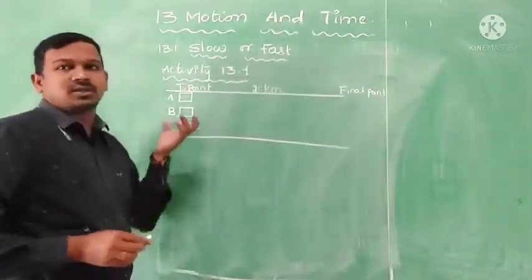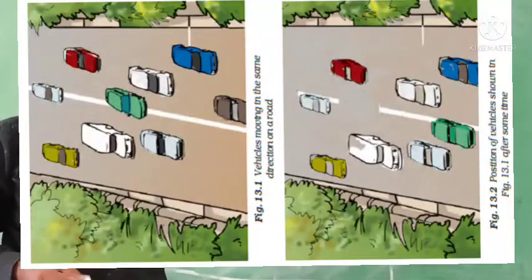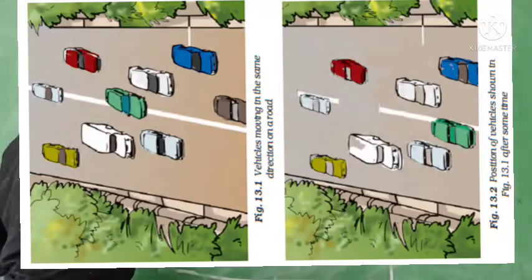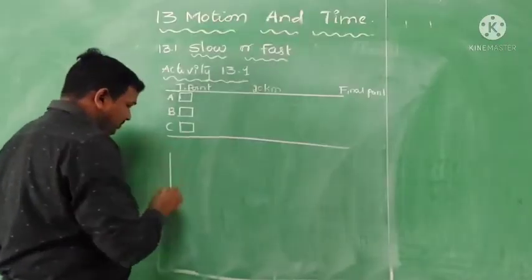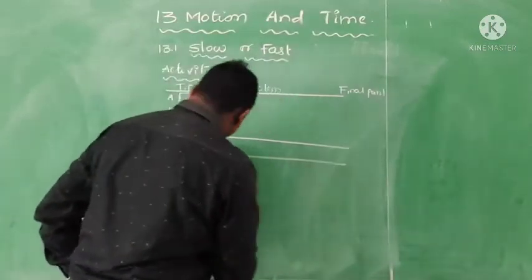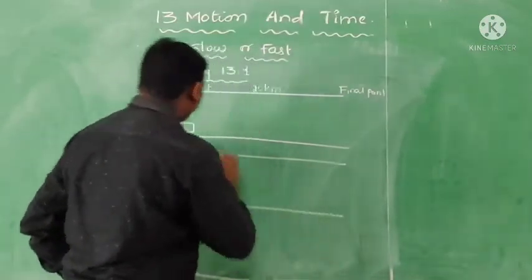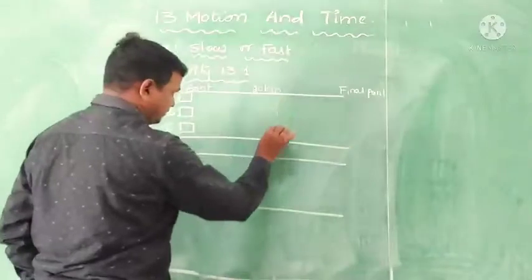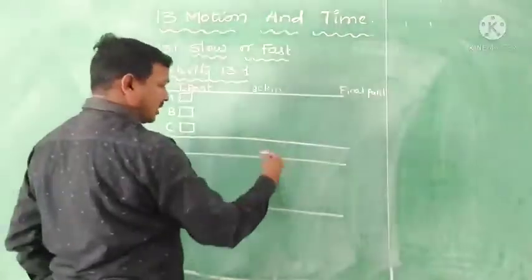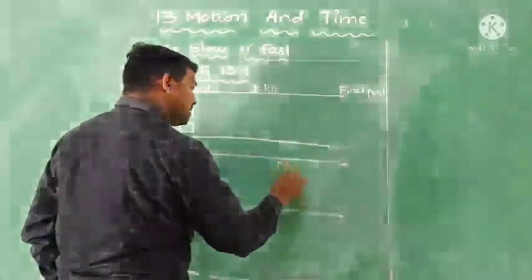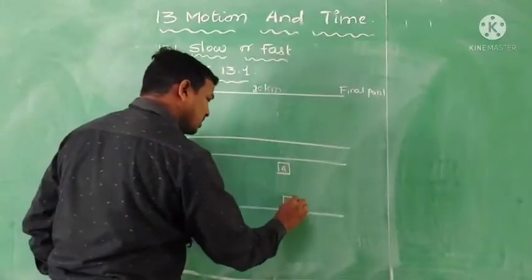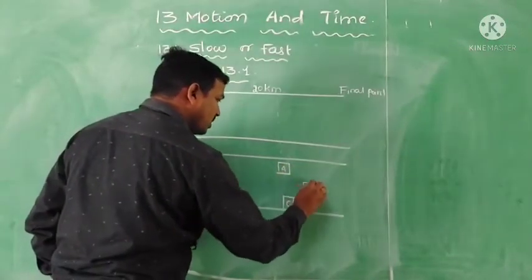The three cars start at the same time. After half an hour, on the same road, the three cars are at these levels. If you observe, after 30 minutes, car A is here, car C is here, car B is here.